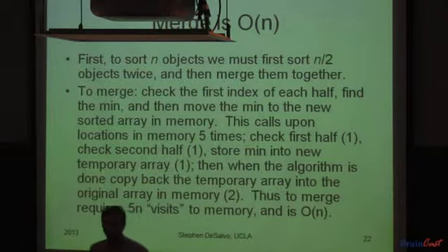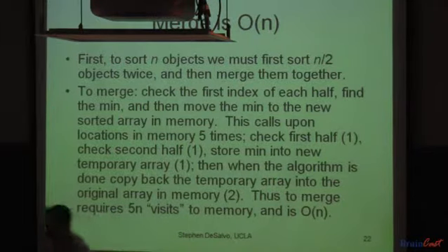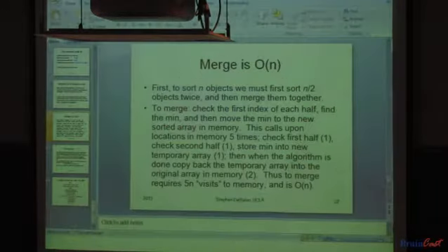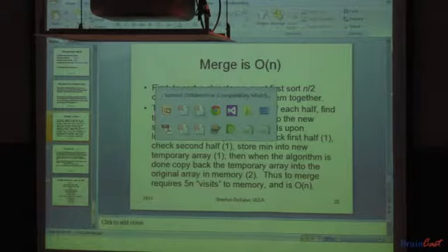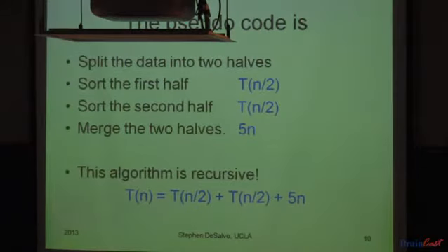That's the idea. So to merge is big O of n, some constant times n. To make it concrete, I'm going to use the value 5. So that's where that 5n comes from.